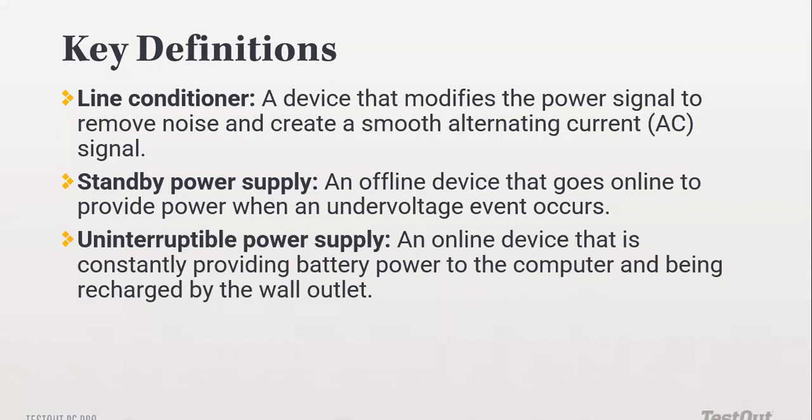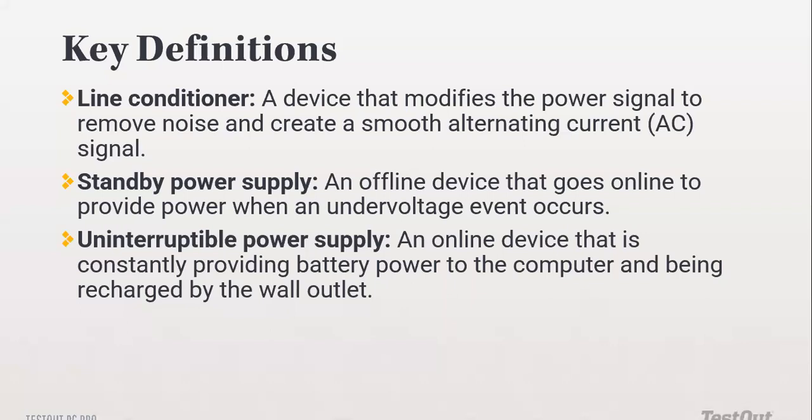Also, we have the standby power supply, and it's an offline device that goes online to provide power when an undervoltage event occurs. Standby means it is standing there, monitoring the system, so that as soon as there is a power outage or an undervoltage, meaning the electricity coming to you is not with the same intensity it is normally supposed to have, right?